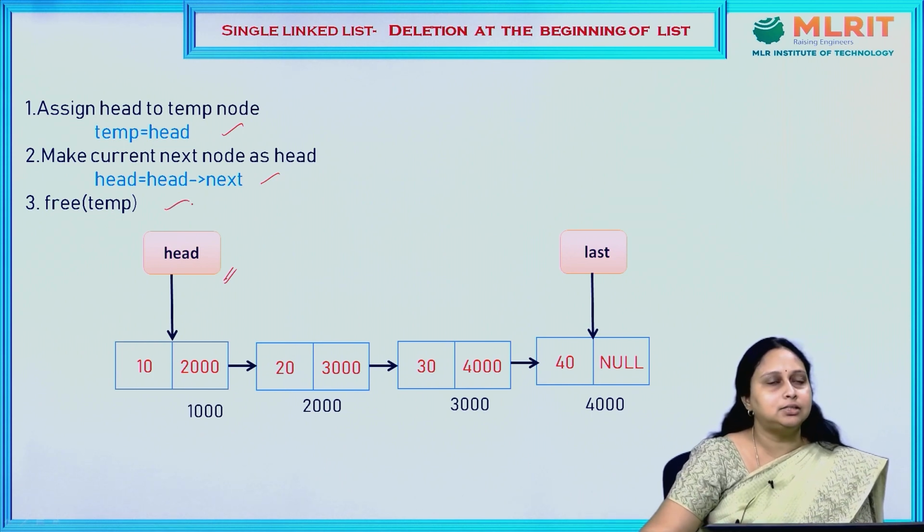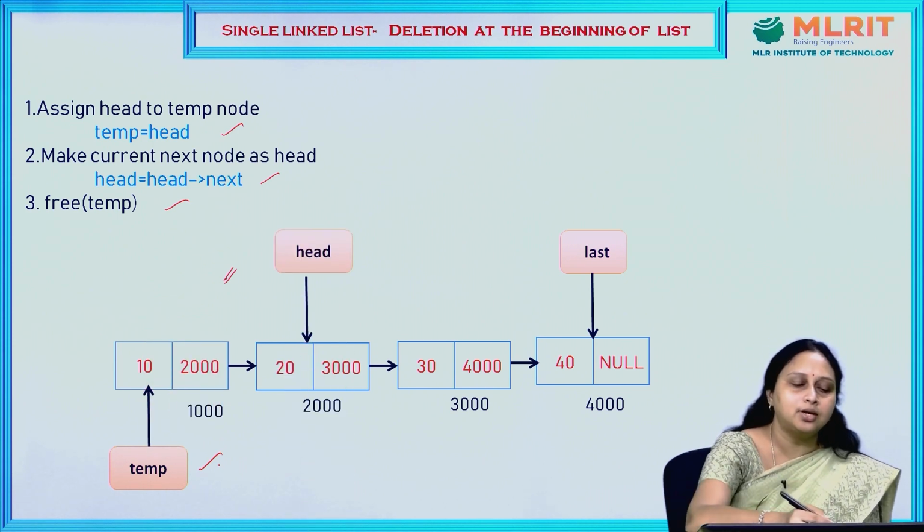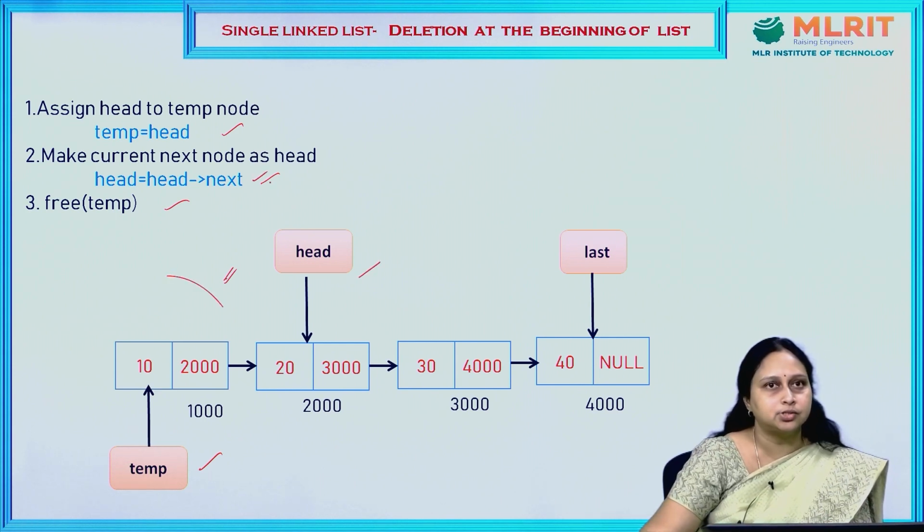Now let us see in the diagram how we are going to do these steps. We initialize temp equal to head. Now head moves to the next location, head equal to head arrow next. This is the step where we have done head equal to head arrow next.